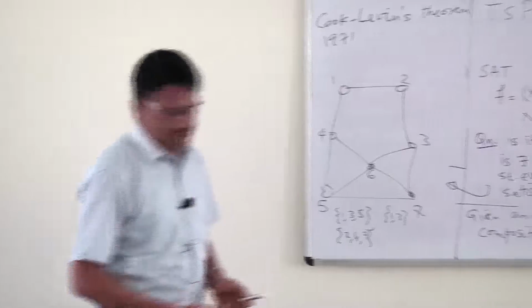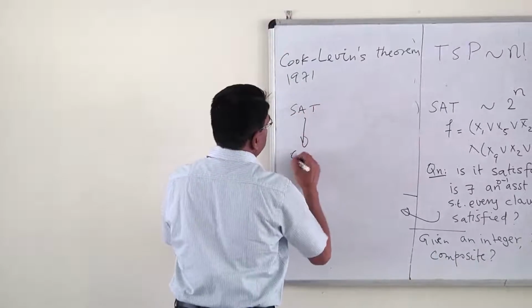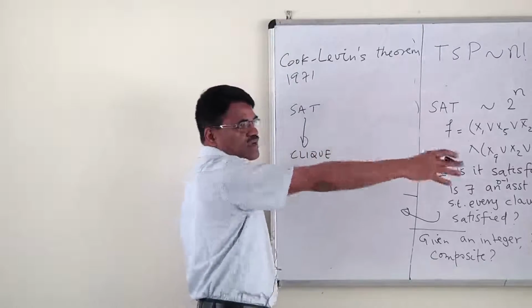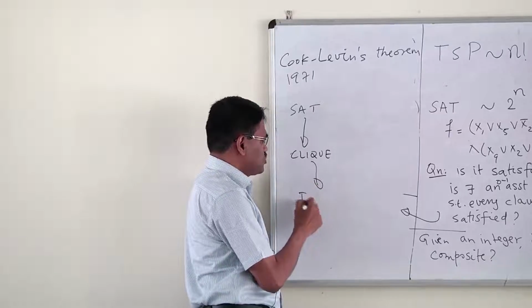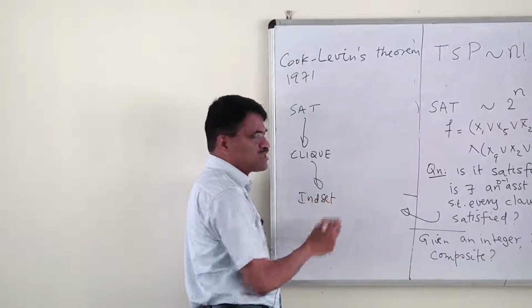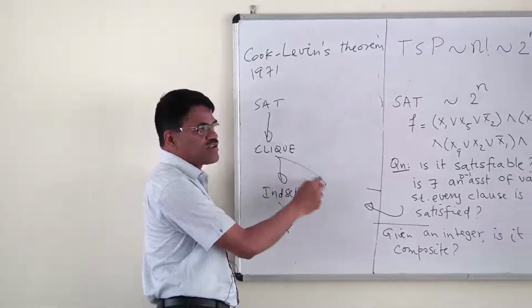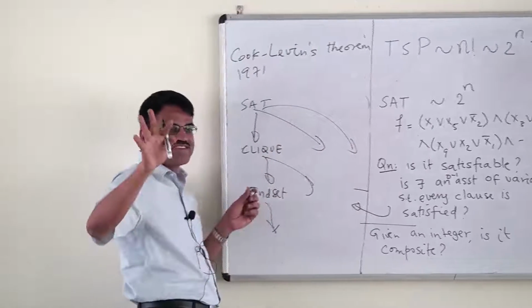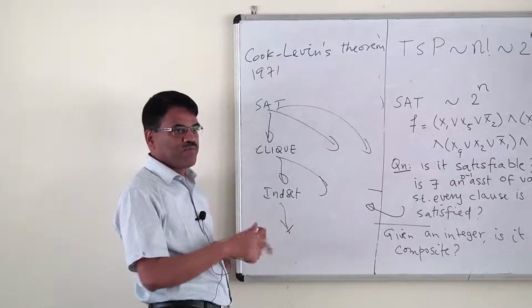So what we saw was SAT can be reduced to click, right? This is: take the formula and construct that kind of a graph. And click can be reduced to independent set. And then the industry of NP-completeness went on in all kinds of directions. Now we really have thousands of NP-complete problems.